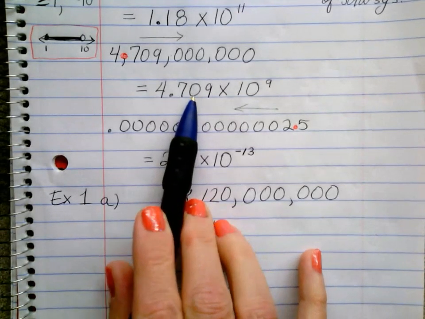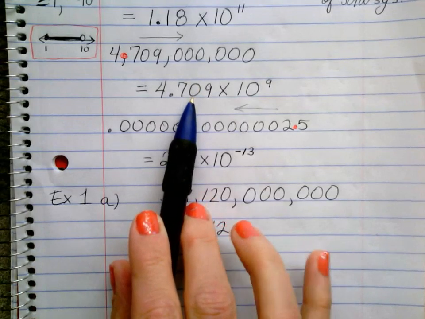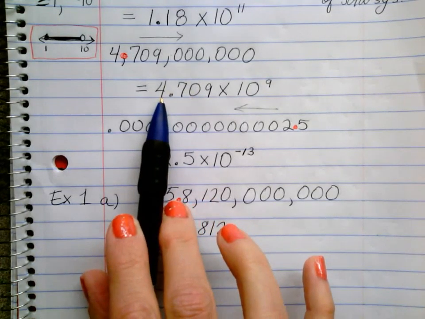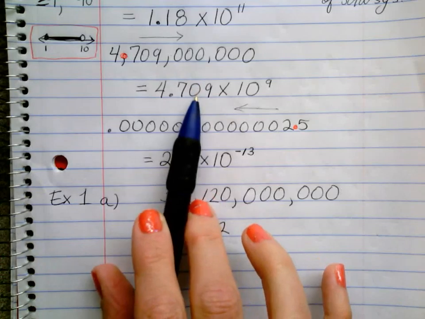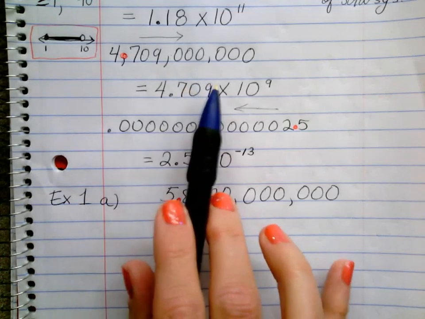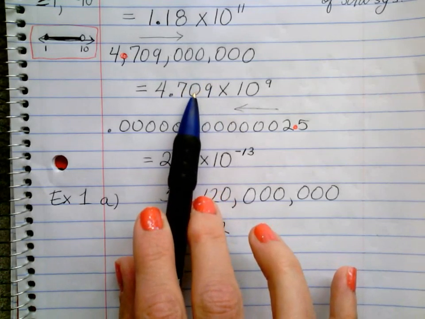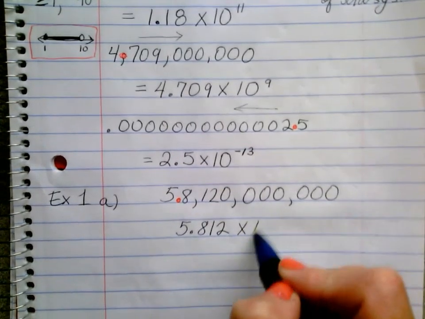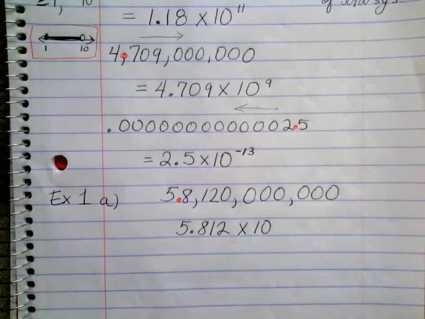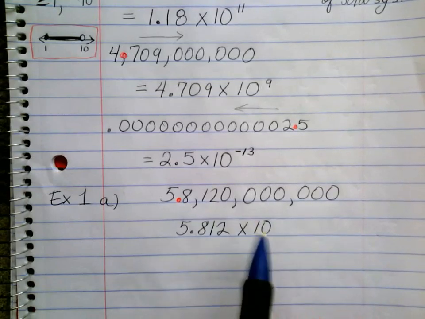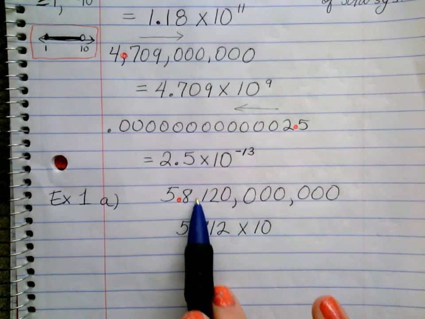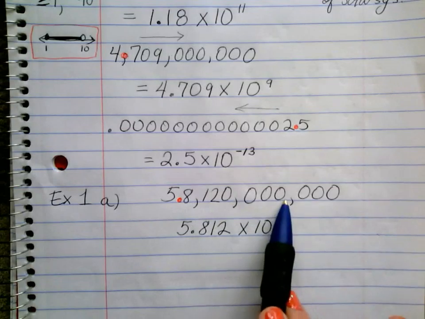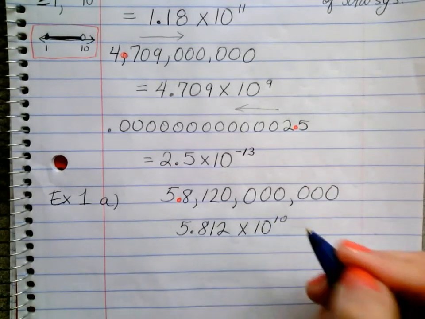Notice I could not wipe this one out because this one's a placeholder. So anything that has a value or is a placeholder between two numbers with value has to be written. Anyway, 5.812, is it going to be a positive or a negative exponent? Positive, because it's a big number. 1, 2, 3, 4, 5, 6, 7, 8, 9, 10. 10 to the 10th? Good.